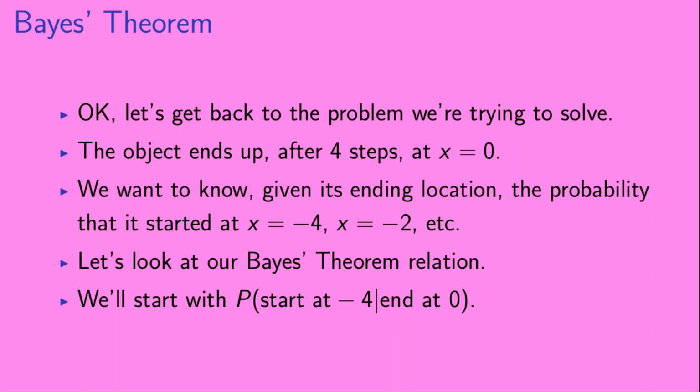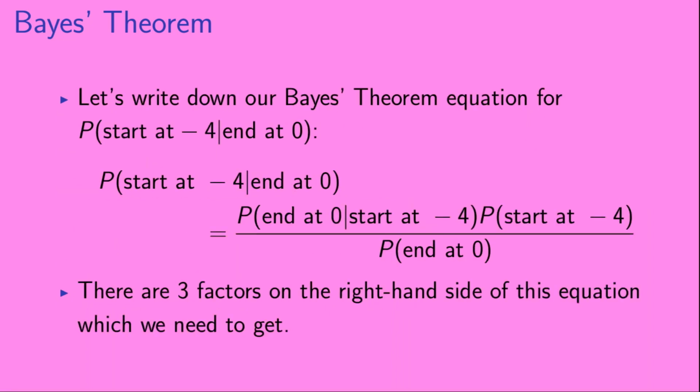Let's look at our Bayes theorem relation. We'll start by calculating the probability that the object started at minus 4, given that it ended at 0. Okay, so let's write down our Bayes theorem equation for the probability that the object started at minus 4, given that it ended at 0.